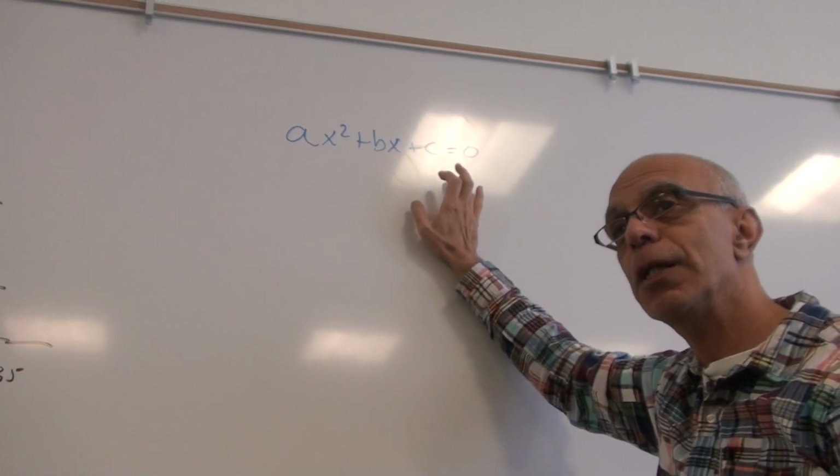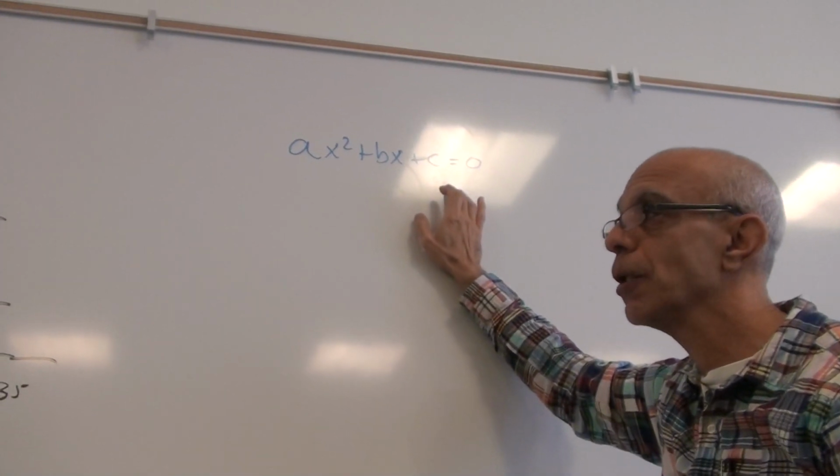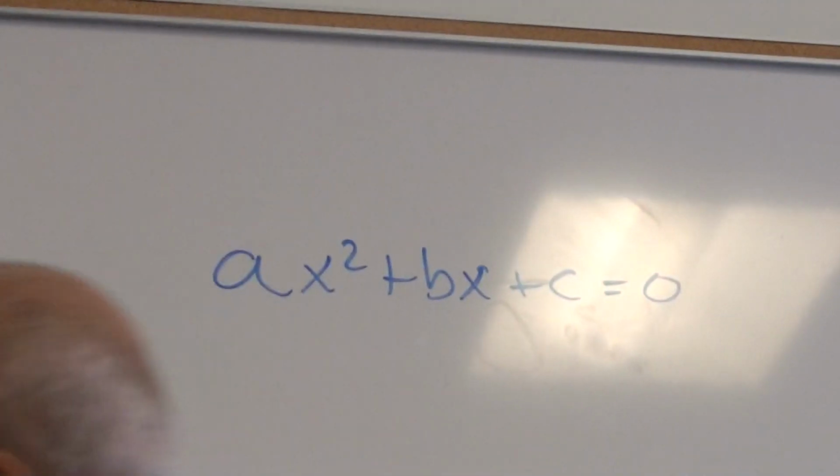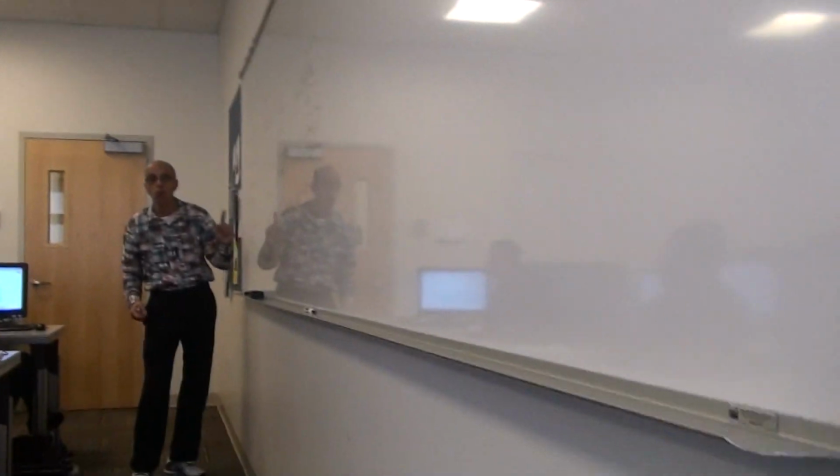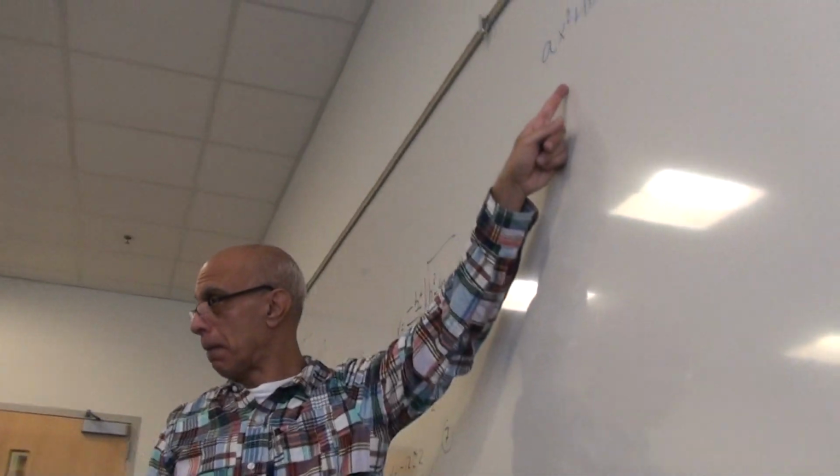What is the first thing that I need to do here by completing the square? Remember, when we have the square of a binomial, we always have what kind of coefficient here? What is the coefficient here? 1. Do we have a coefficient 1 here?